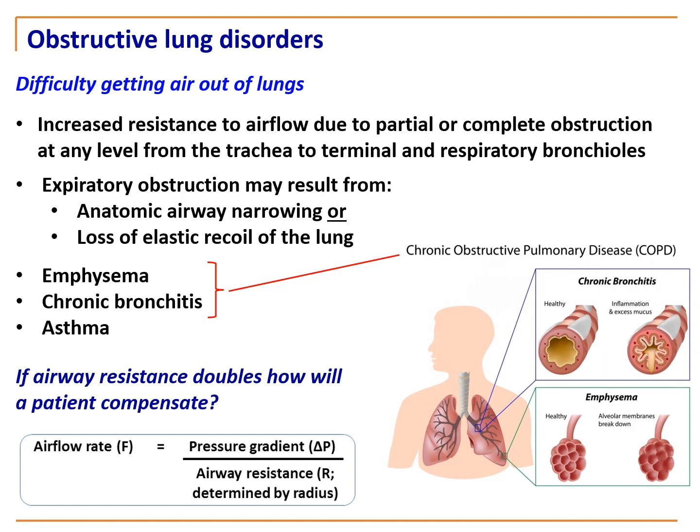Airflow rate is equal to the pressure gradient, and we've covered that when we talked about inspiration and expiration, divided by the airway resistance, which is determined by the diameter or the radius of the airways. So if the airway resistance doubles, because you might get bronchoconstriction, you might have lots of mucus or inflammation, what will happen to the airflow rate, and what will a patient have to do to compensate?